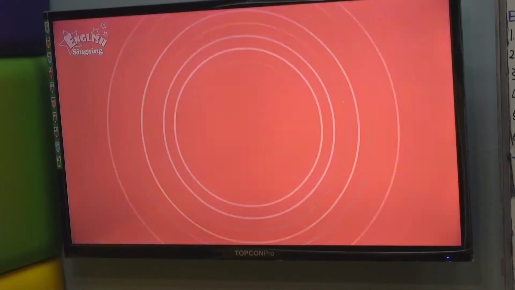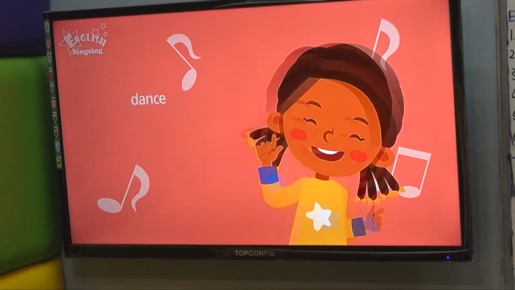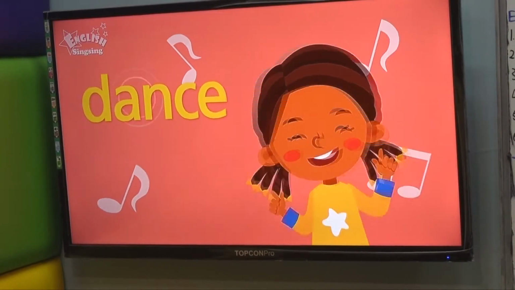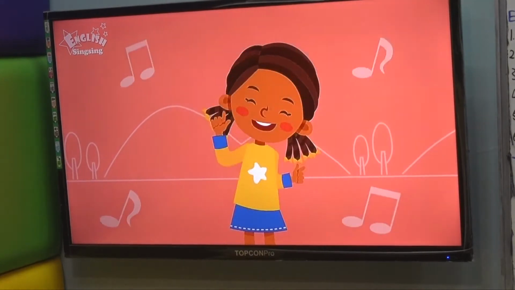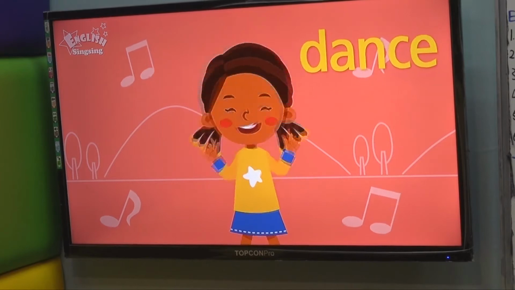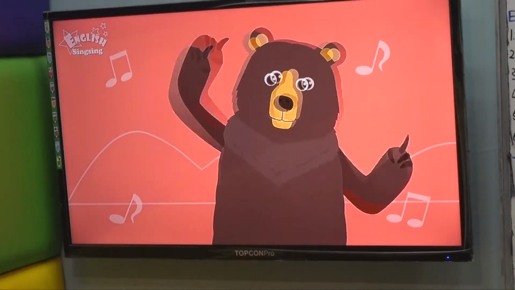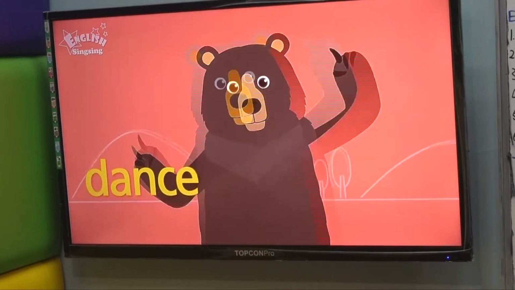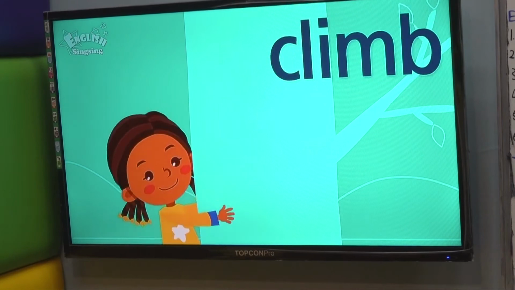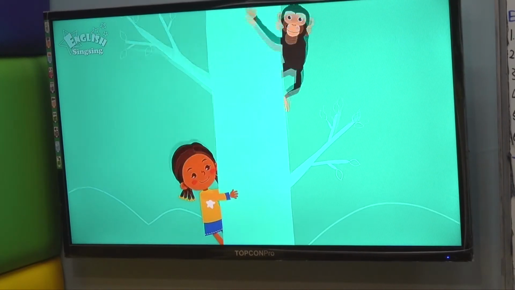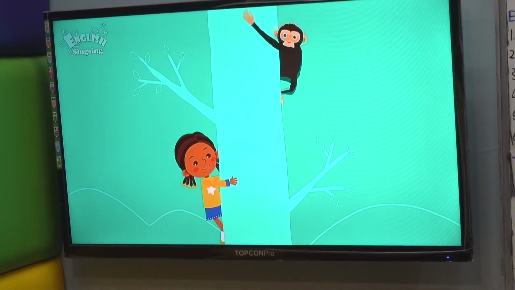Fly. Dance. Dance. You can dance. You can dance like a bear. Dance. Dance. Dance. Climb. You can climb. You can climb like a monkey.